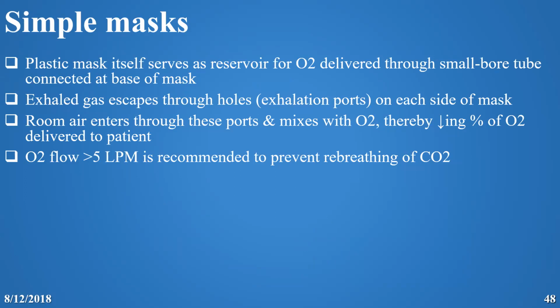And if we want to prevent the rebreathing of room air, you have to give a flow of more than 5, or 6 to 10. That's because the high flow prevents the room air from entering the mask through the exhalation ports. Clear?